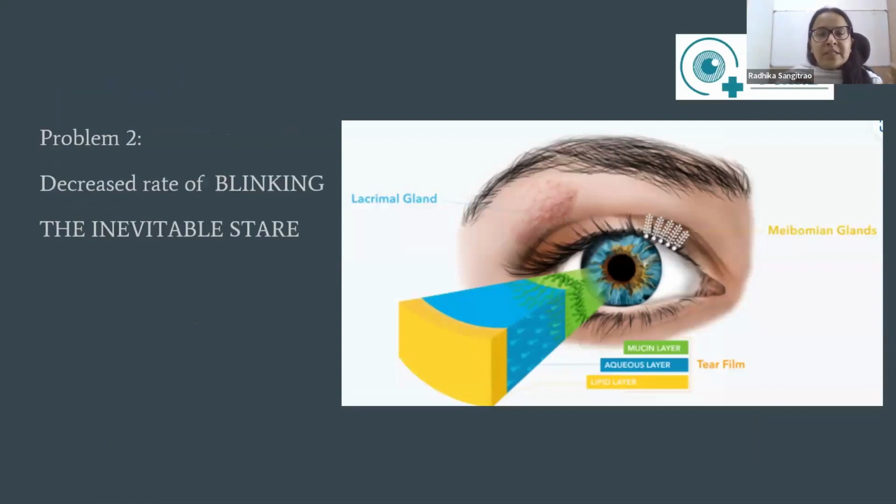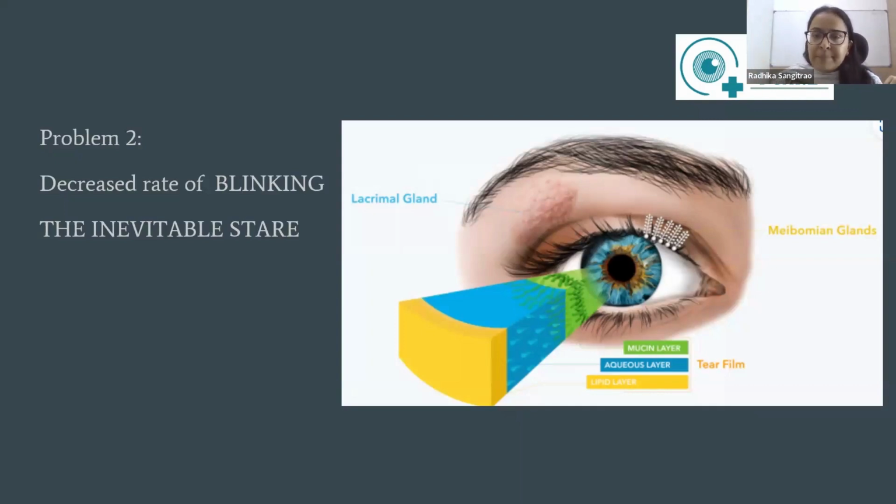Now, the second most important thing in computer vision syndrome that causes a lot of discomfort is that when we look at a computer screen for long hours, we tend to stare because we're concentrating on what is being done. There's a meeting going on, there's an important presentation, there are coding calculations to be done, and you tend to stare at the screen. It has been shown through research that your blink rate decreases substantially.